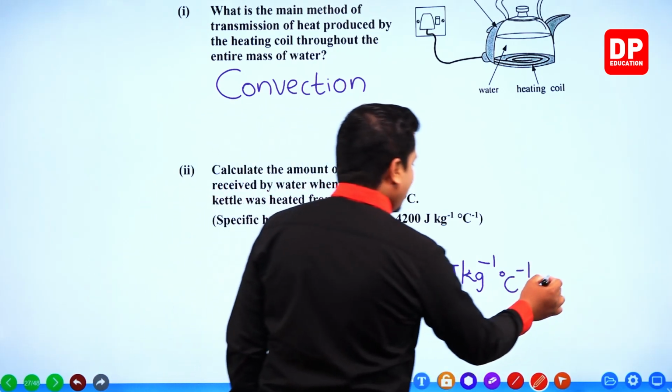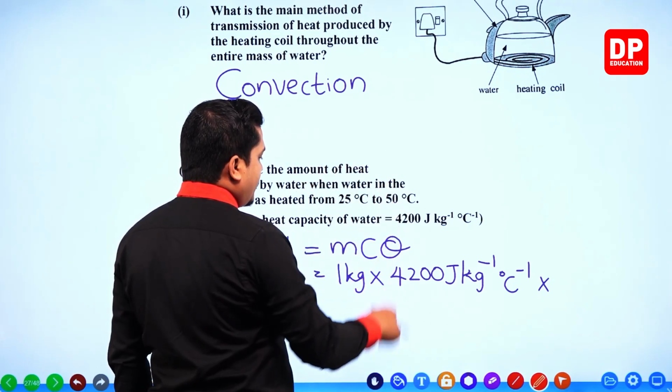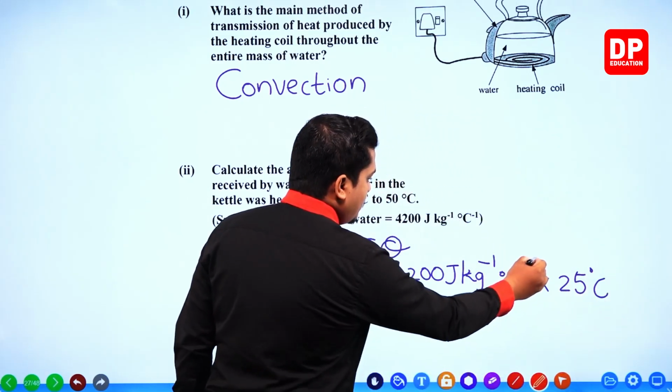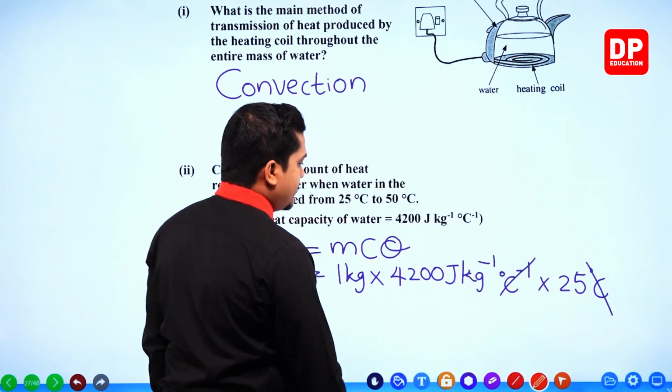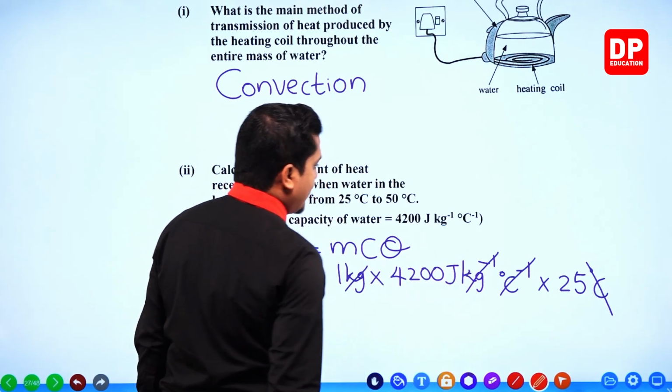The next one, theta is the temperature difference. From 25 to 50, temperature difference is 25. Now, first of all, Celsius to Celsius is getting cancelled. Then kilograms to kilograms is getting cancelled. So, from joules, we can get the answer.